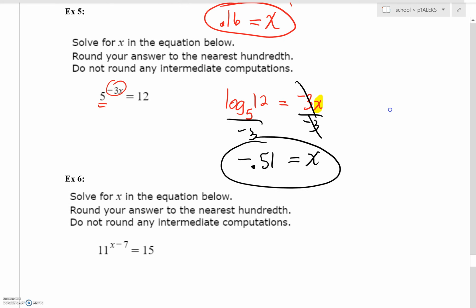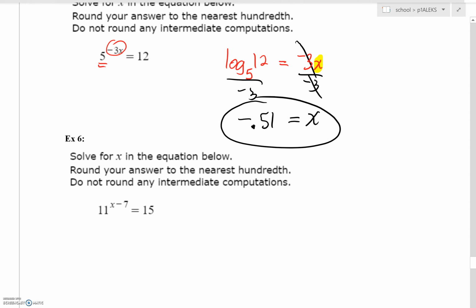Okay, so as we go to number 6, you can see this one's just a little bit different. Of course, we've got a base of 11 for our exponent, so we'll have the log base 11. Our power is a little bit more complicated, isn't it? It's x minus 7. We'll have our 15 in here.